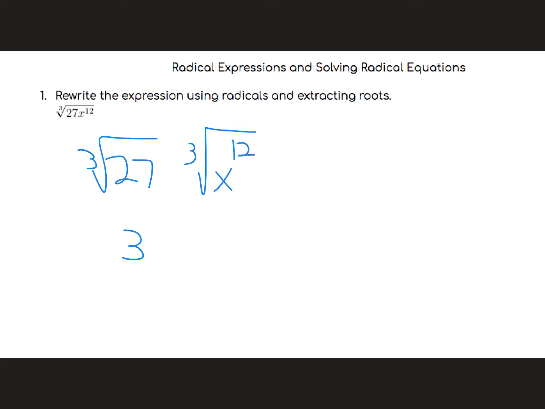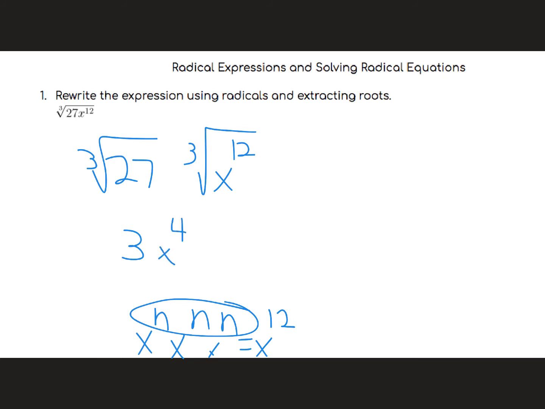That's going to be x to the 3n, so n's going to be 4, so x to the 4th. Because x to the 4th times x to the 4th times x to the 4th is x to the 4 plus 4 plus 4, which is x to the 12th.